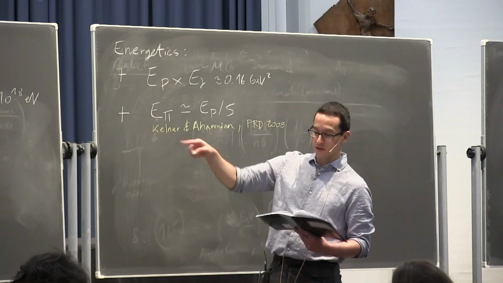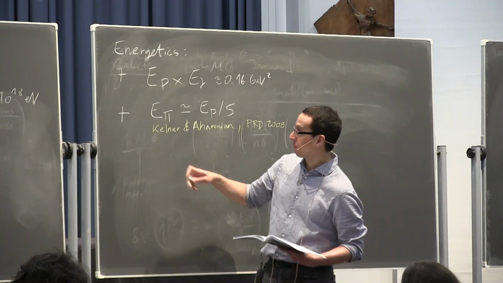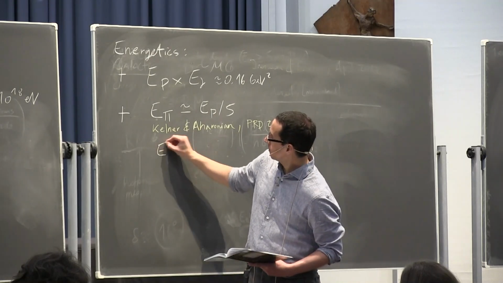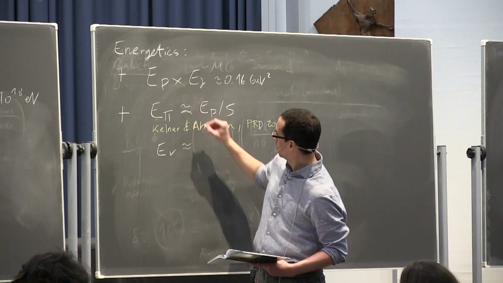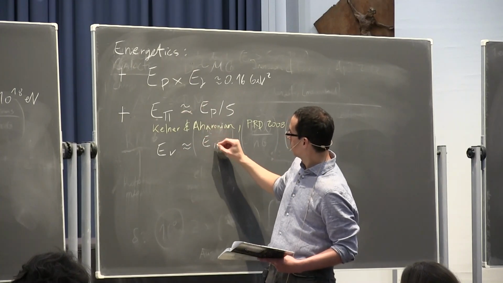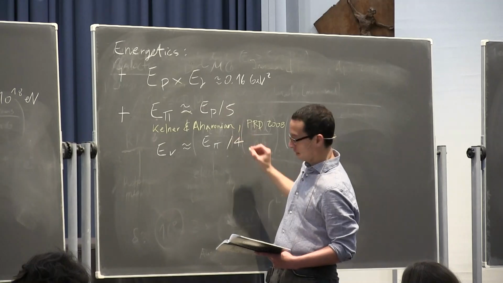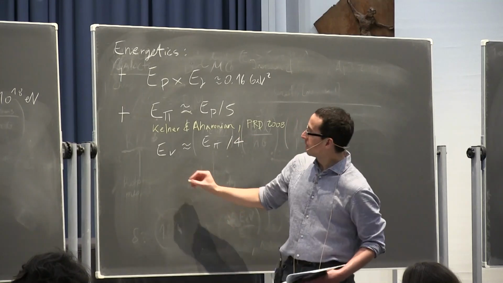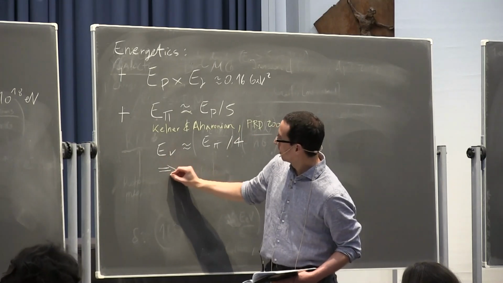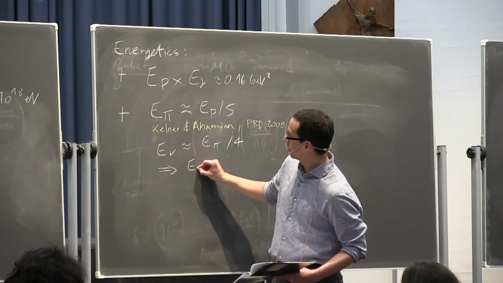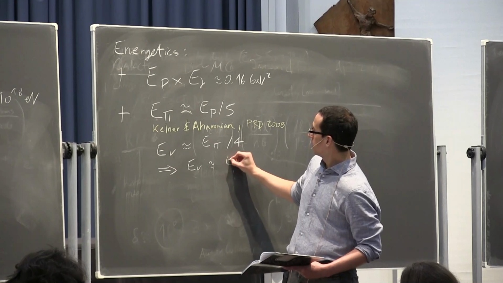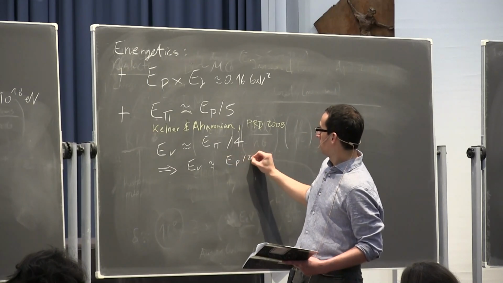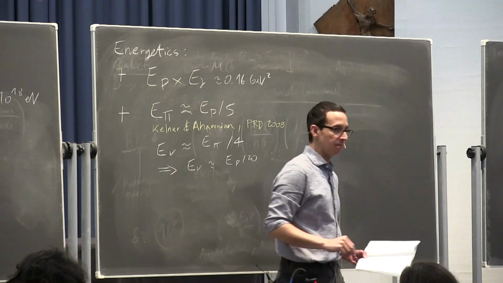So each one of the neutrinos takes 1/4. Again, this is on average. Okay, so that means that the energy of one of the neutrinos that comes out of that network of processes is on average 5% of the parent proton energy.